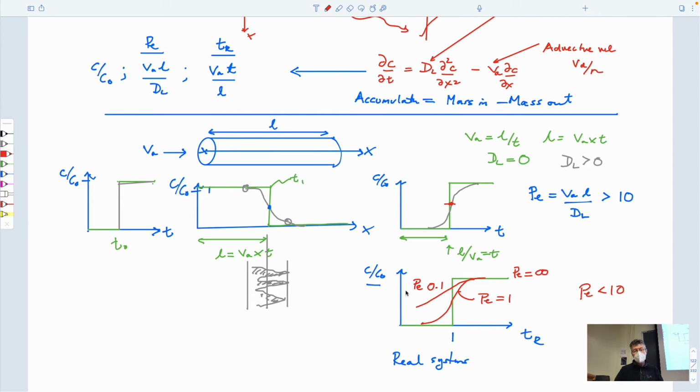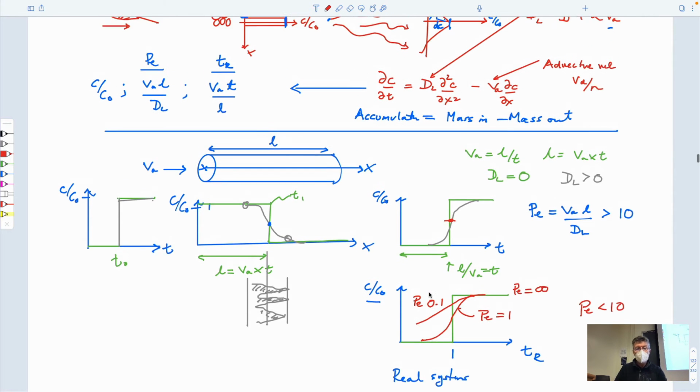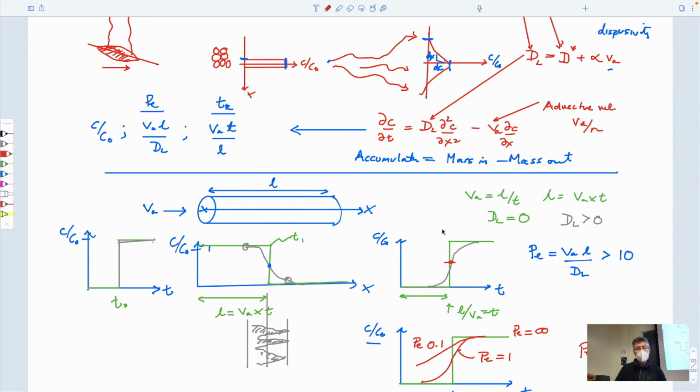And that says that the behavior you expect to see in the field is controlled by a couple of different things. It's controlled by dispersion, and it's controlled by the advective velocity. So if you want to have any chance of being able to say what's going on under your feet in the field, you have to have some way of figuring out exactly what these two important components are.